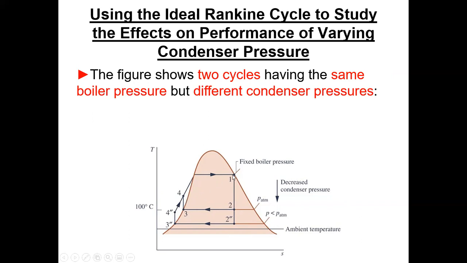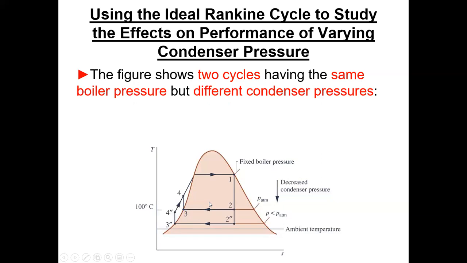The boiler heat before was 1 down to the axis, over, up through 3 to 4, and then close it out. Now the boiler heat input is 1 down to the axis, over to 3 double prime, up to 4 double prime, and then back. But we also get a significant increase in area enclosed by the cycle, so we're getting more work out of the cycle. The theory tells us that this will enhance our thermal efficiency.